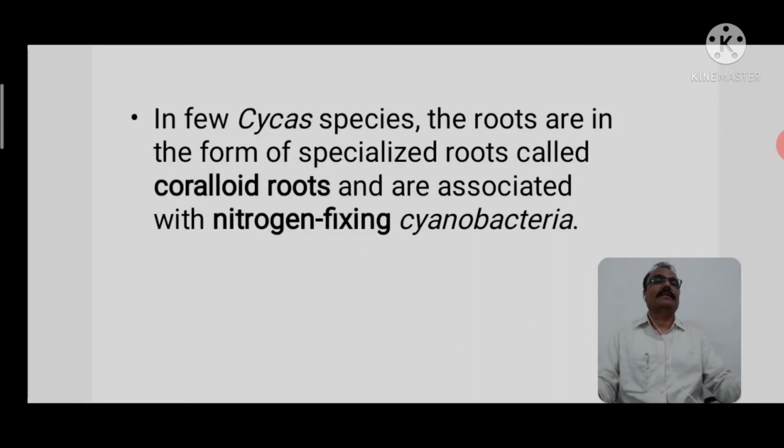Specialized roots called coralloid roots are in association with nitrogen fixing cyanobacteria. Coralloid roots help in a mutualistic, that means beneficial and symbiotic, relationship with cyanobacteria.